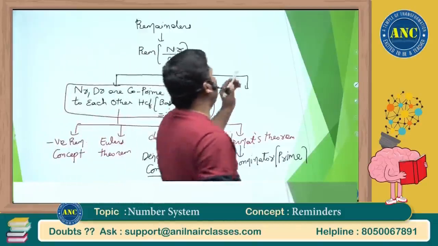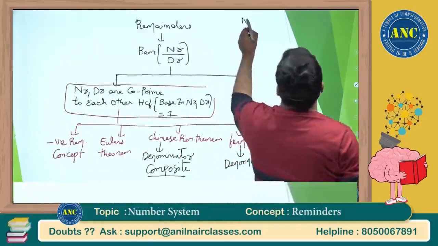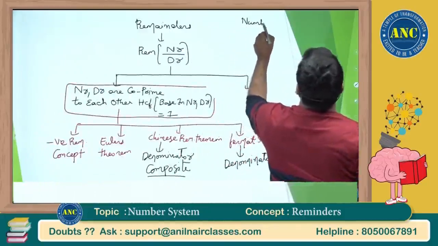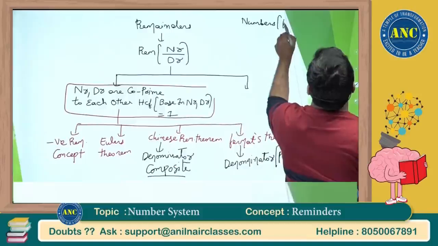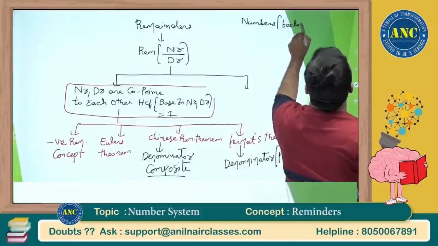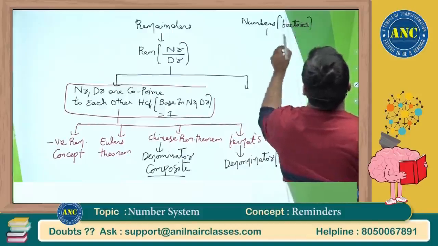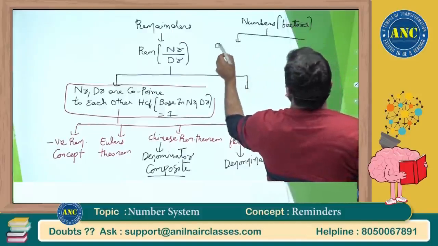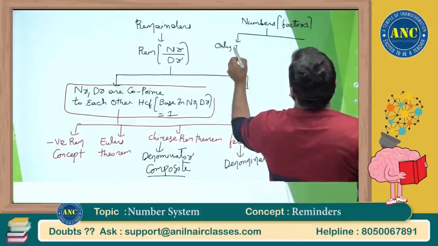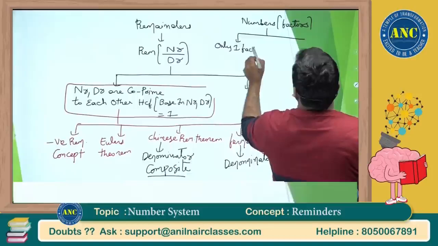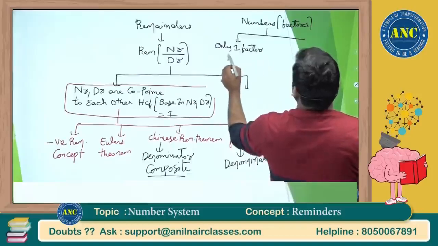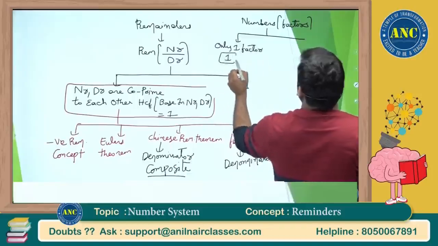There are three kinds of numbers based on factors. If there is only one factor, then the number is called 1.